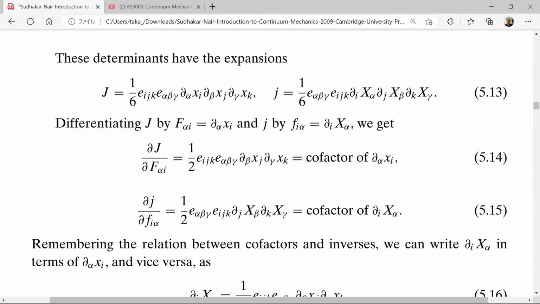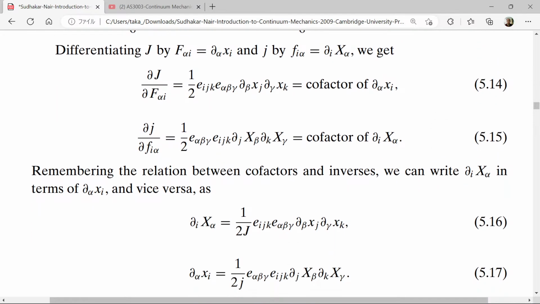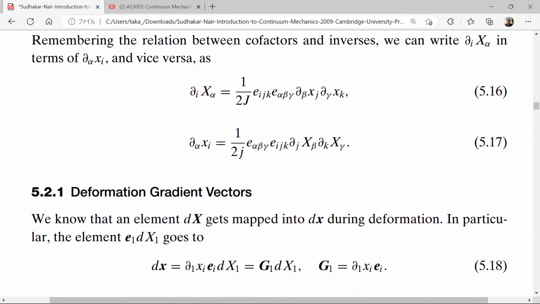The determinants have the expansions, blah blah blah. Deformation gradients.